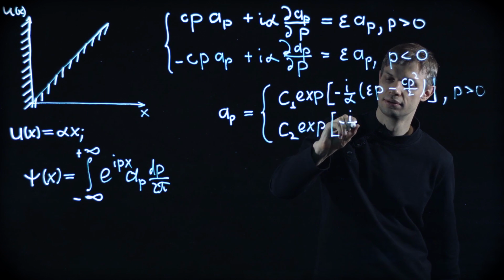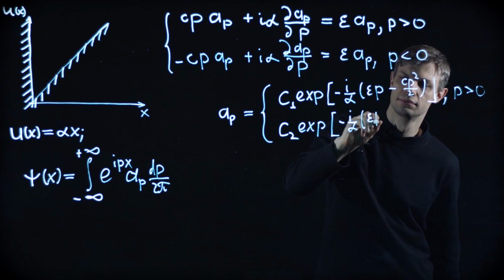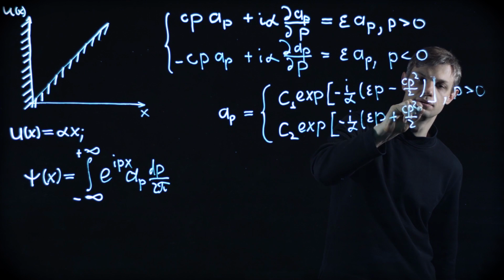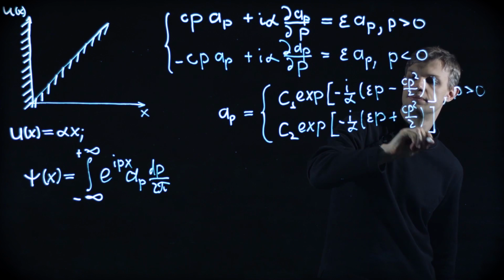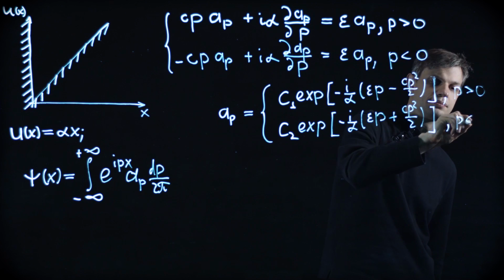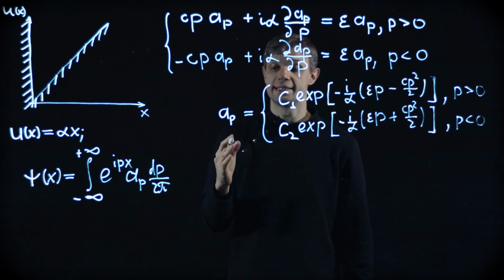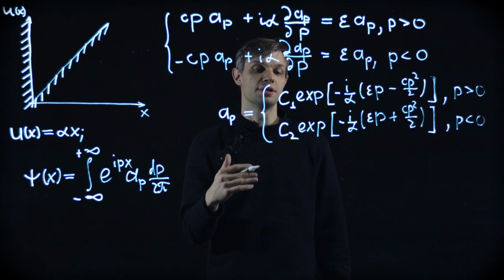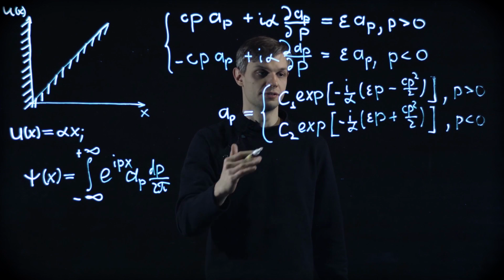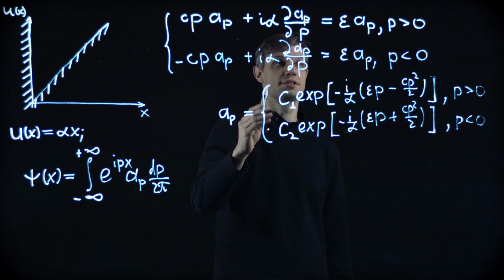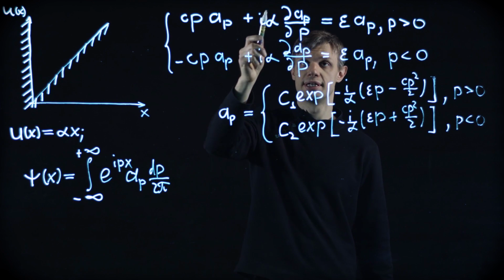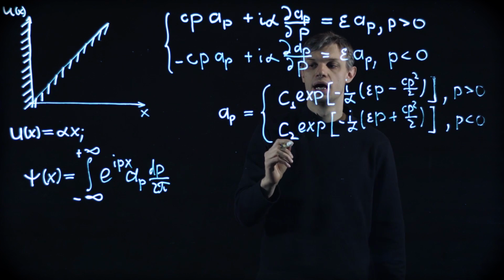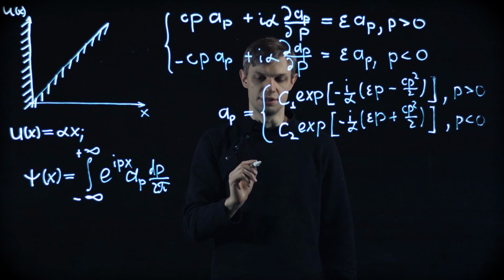So plus Cp² over 2, as it should. But our wave function, even in momentum representation, should be a continuous function of the p variable. Why? Because we have this differentiation sign in our Schrödinger equation, and you can easily convince yourself that A(p) should be a continuous function.